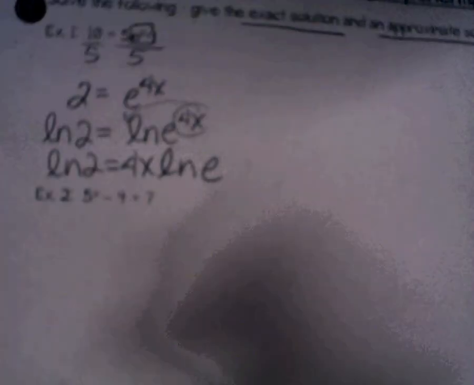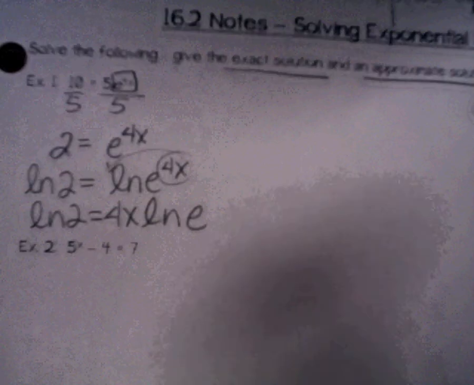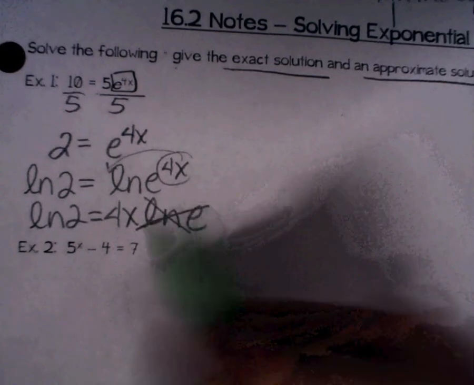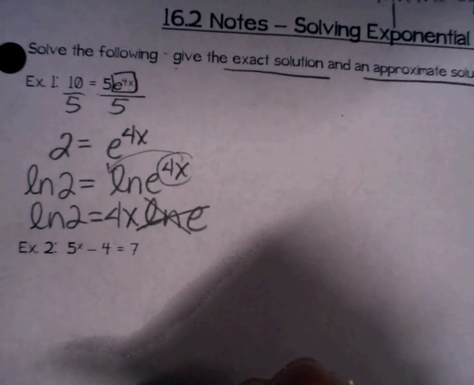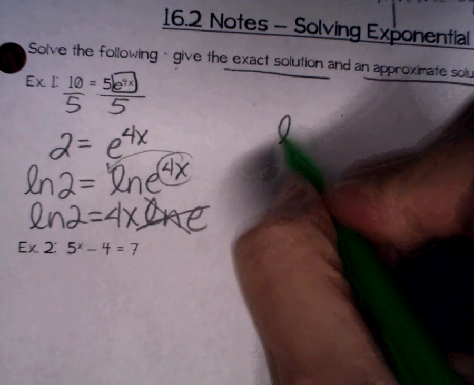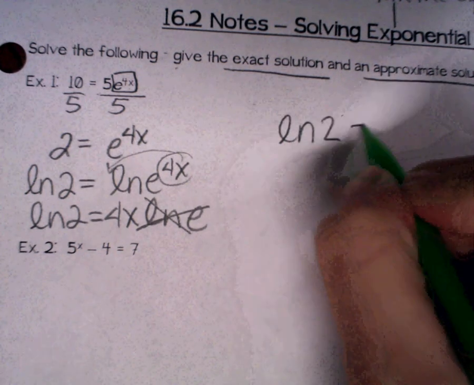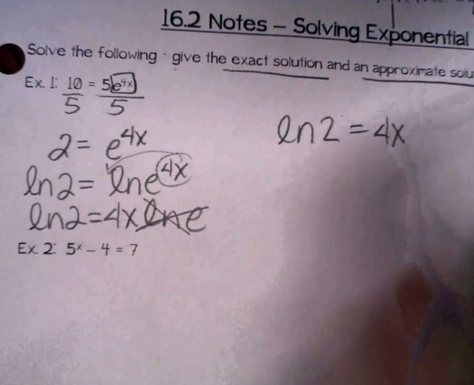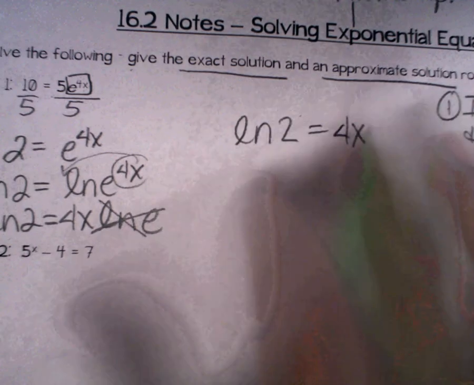It'll always be 1, because the base of ln is e. So anytime you have ln e, if it's 1, why can't I just cross it off? So over here, I'm going to bring in ln 2 equals 4x.